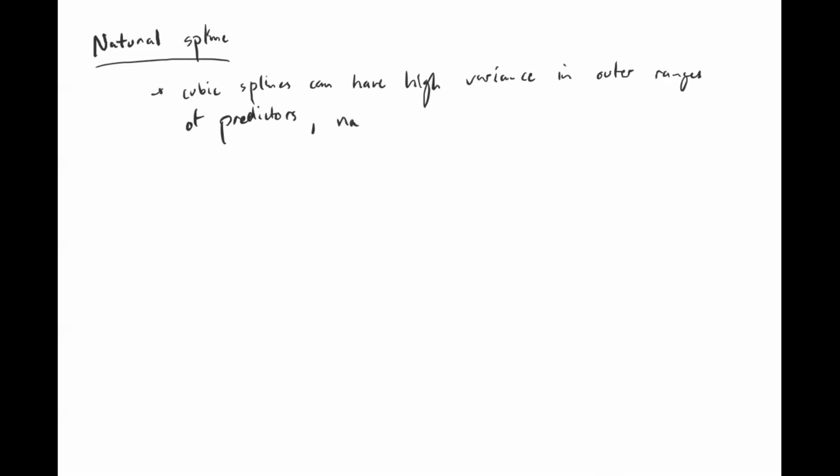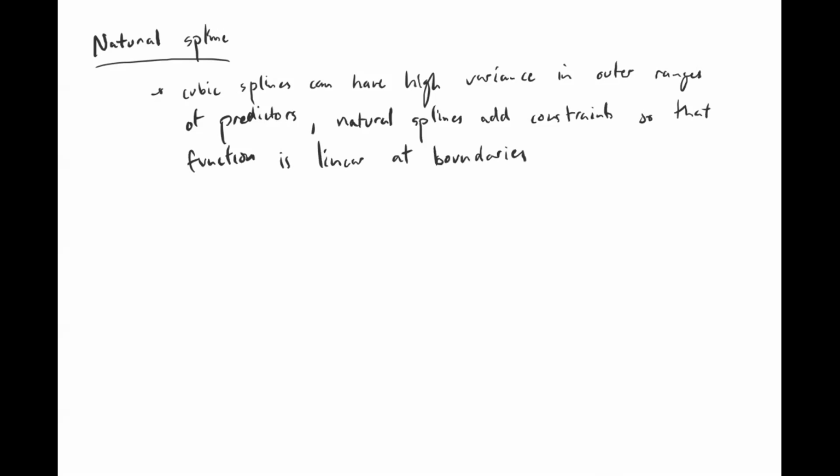And so natural splines, what they've done is to add constraints so that the function is linear at boundaries. And this has more to do with the error around the spline.